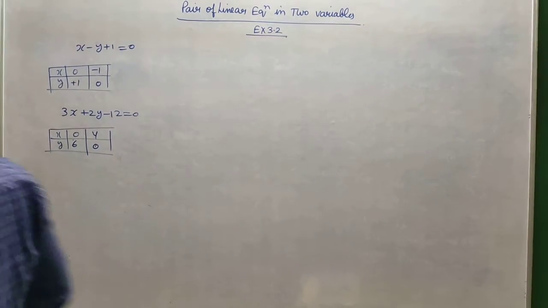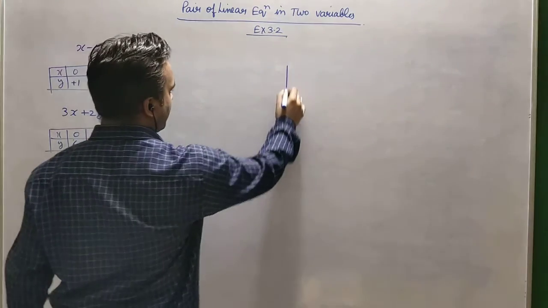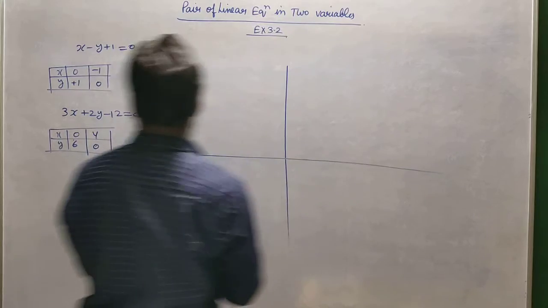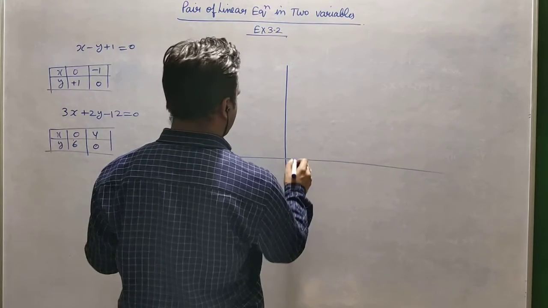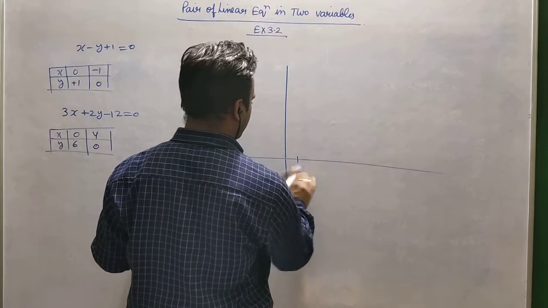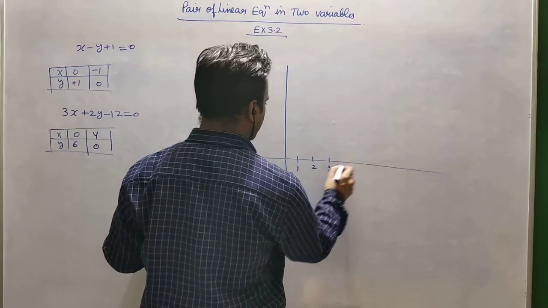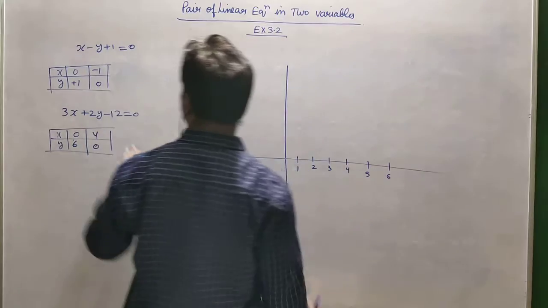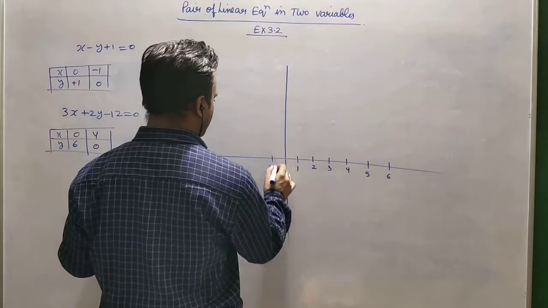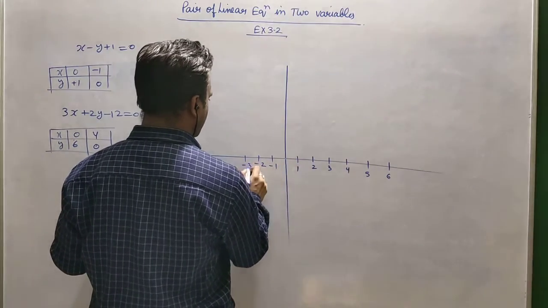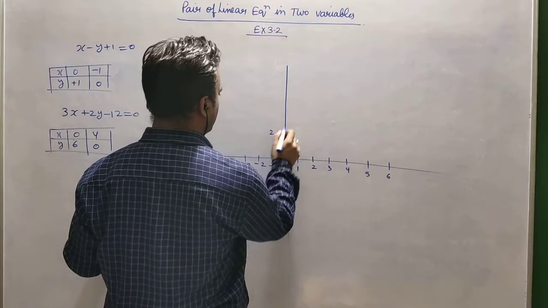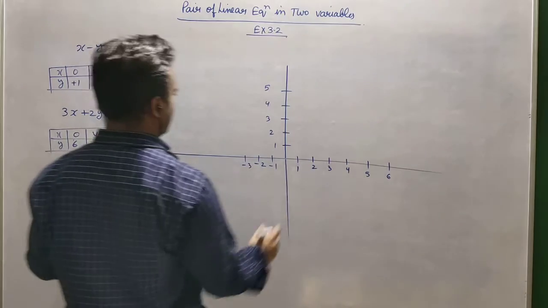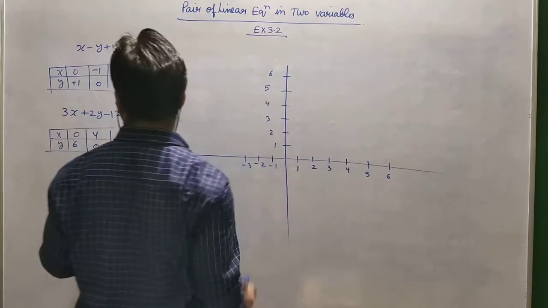So now I will draw the graph, because then only I can tell you. So this is the y-axis, this is the x-axis. Now what are the coordinates? I will put here 1, 2, 3, 4, 5 and 6. There is a minus here, so I have to go here on the minus side also. And on the positive side 1, 2, 3, 4, 5, and there is one more, 6.